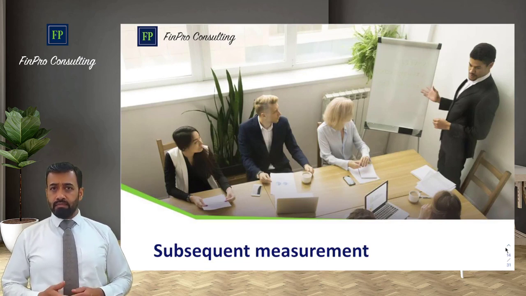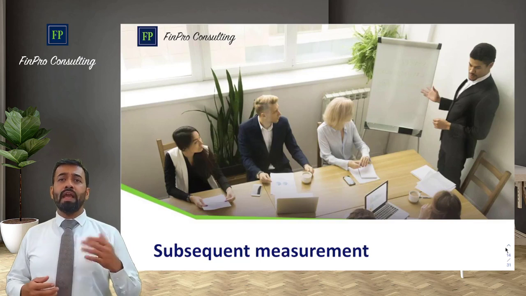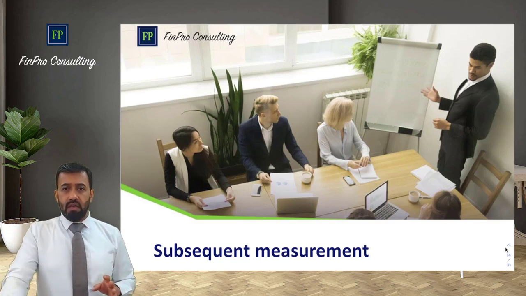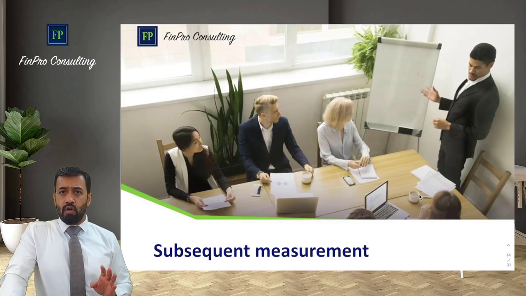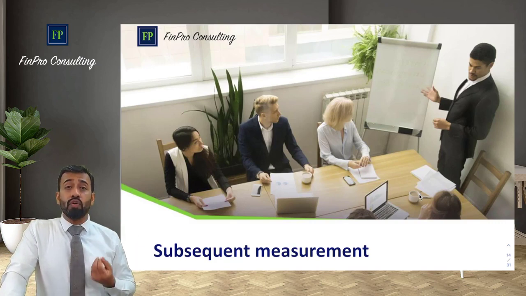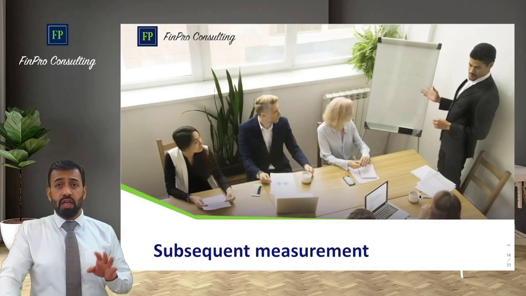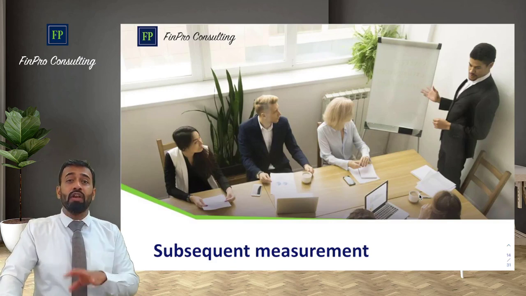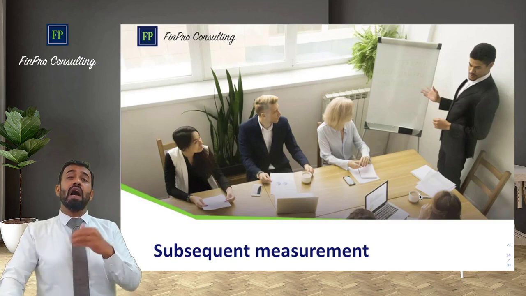Actually, it is very simple. Cost or NRV, whichever is lower, is the subsequent measurement of inventory. So there are no complexities about it. When the NRV is lower than the cost, you have to reduce it. Otherwise, your cost will always be lower. So there is no impairment loss as such on inventory, or write down if NRV is higher than the cost.